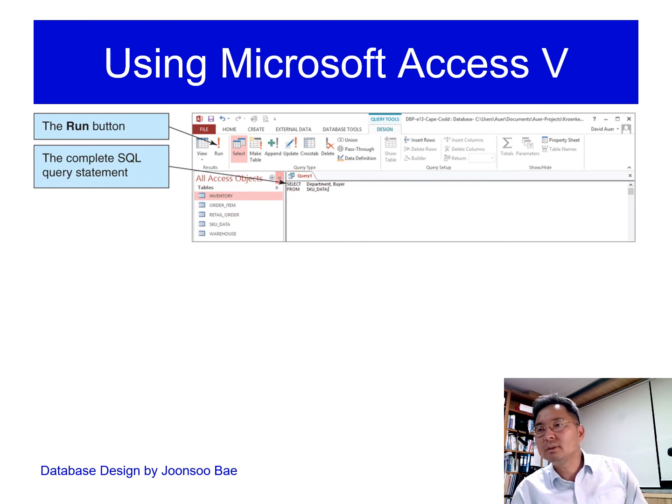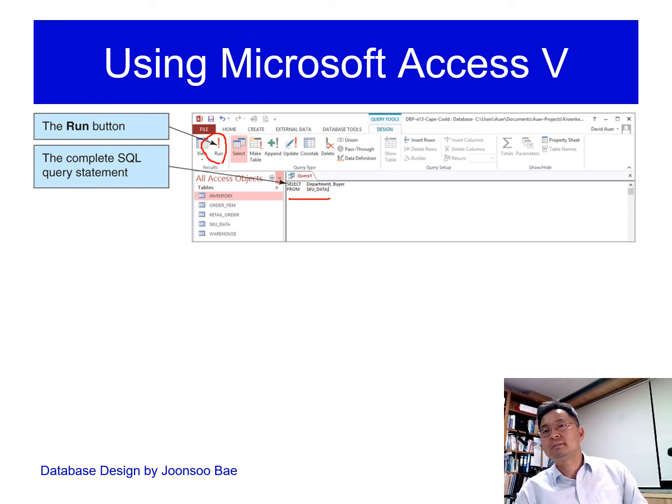This one was the first example: select department and the buyer from SKU data. This was the first example in our slide. So you can also enter this first SQL statement. Then you can run or execute this SQL statement by clicking this Run tool.